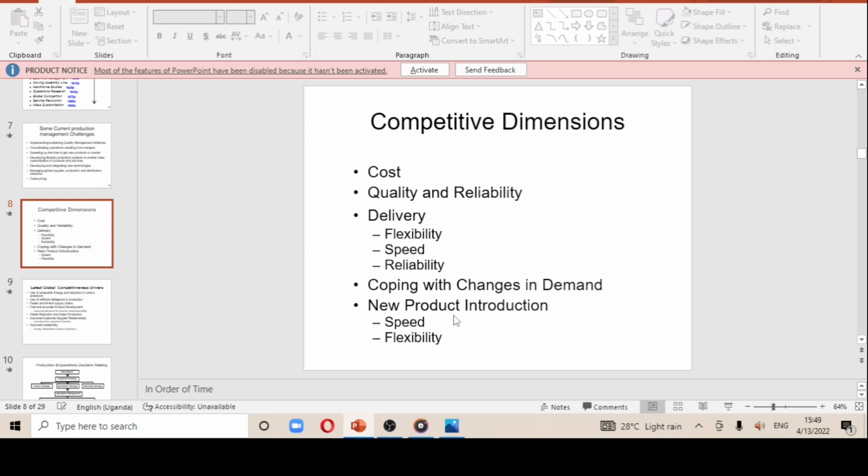How fast can it get the potential market you want? And is it flexible? Can the customers get to use your product differently? So that new product introduction must have those aspects for it to create some competitiveness. If it does not have such competitiveness, that means you're going to lose out on business. You're going to find yourself out of business. So that is to do with competitive dimensions.